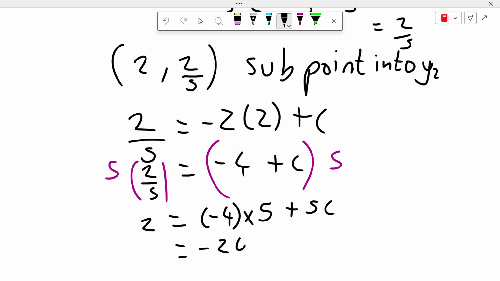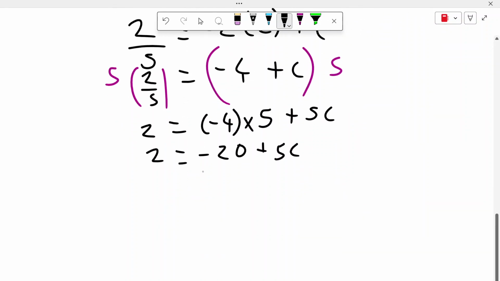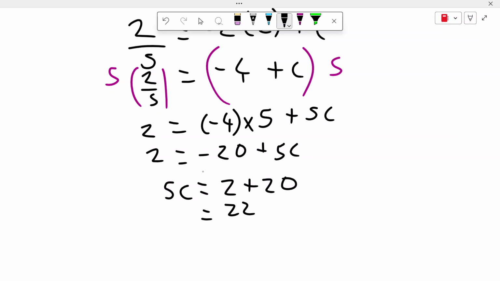And so that is a lot easier to manage. There's no fractions, life is good, I'm happy. And then we can just solve for c using our normal rearranging. And we can say that c is therefore equal to that.